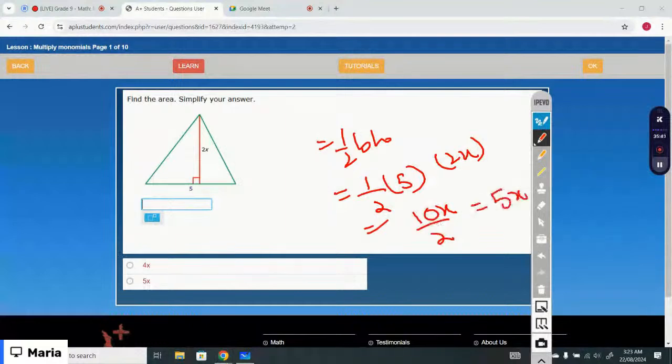The correct option is 5x. So the correct option is 5x. Option number 2 is the correct option.